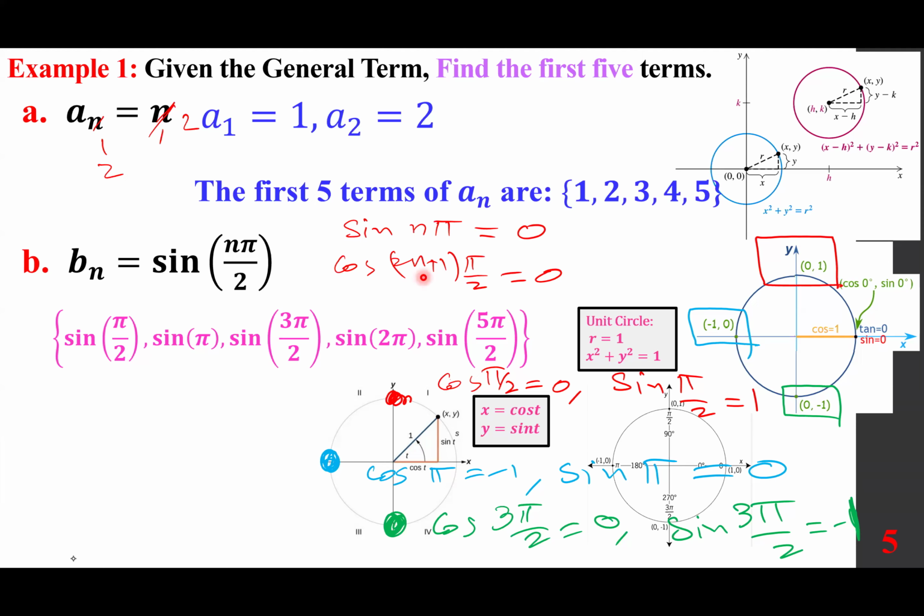So having said that, sine of pi over 2 is 1, sine of pi is 0, sine of 3 pi over 2 is -1, sine of 2 pi is 0, and 5 pi over 2 is the same as pi over 2, becomes 1. So those are the answers. Again, I went over some information from geometry as well as trigonometry, just to refresh your memory about how we arrive at the answers.